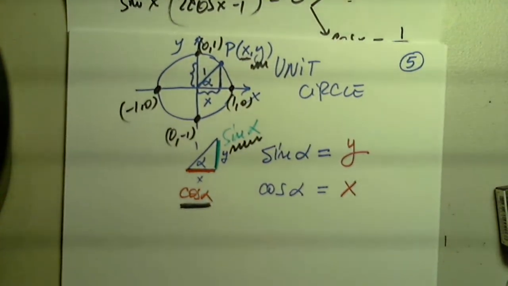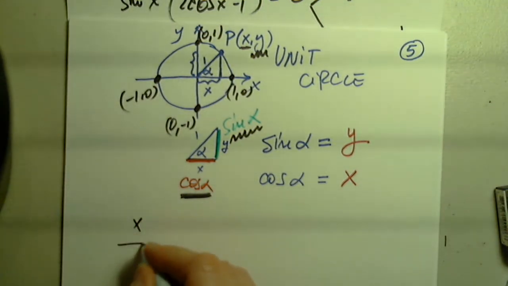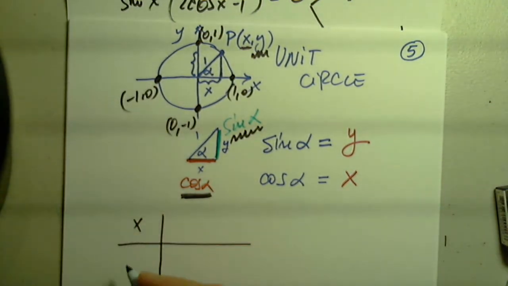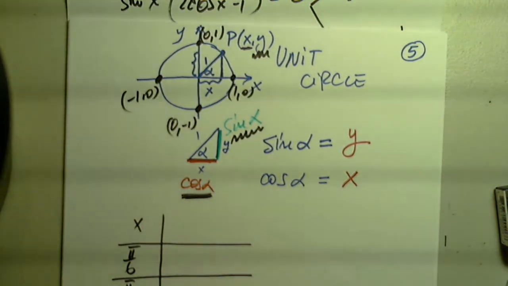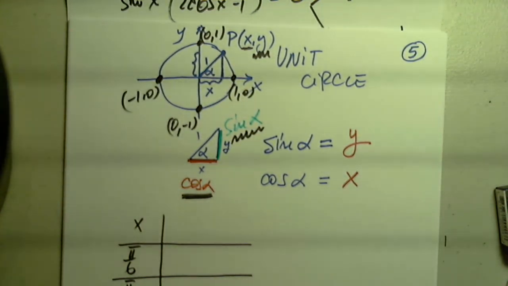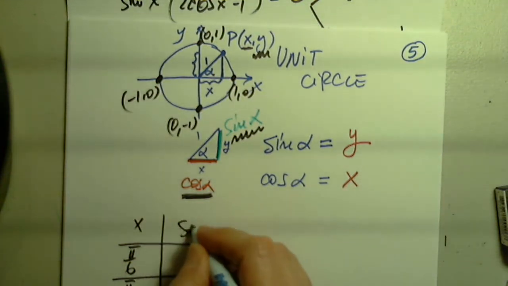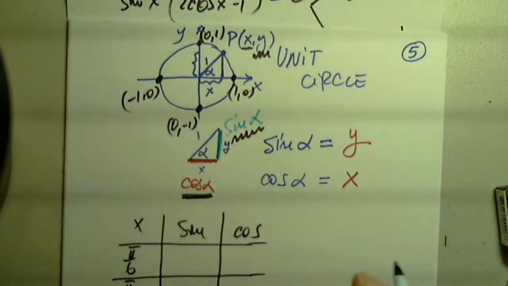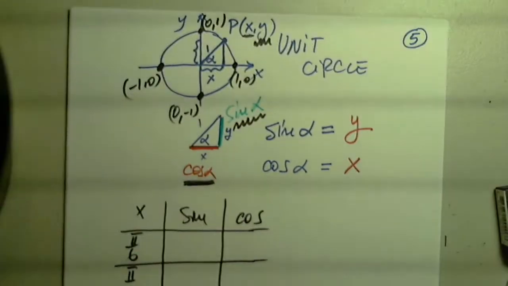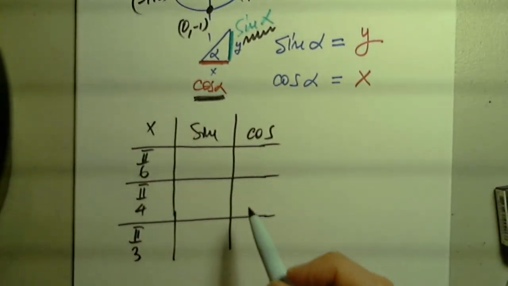Okay. So now I always show this tiny little table with pi over 6, pi over 4, and pi over 3, with sine and cosine. You don't have to memorize anything else. Just this tiny table.